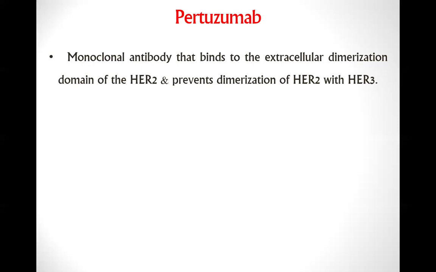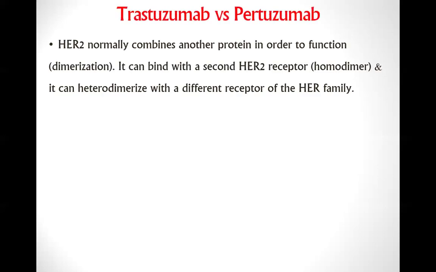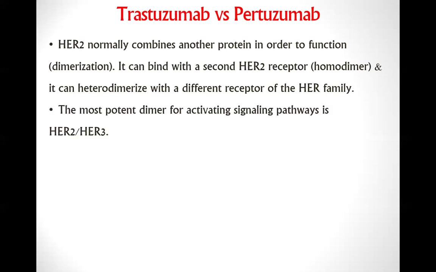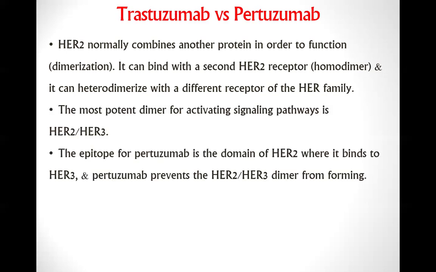So what happens in case of pertuzumab? The epitope for pertuzumab is the domain of HER2 where it binds to HER3, and pertuzumab prevents the HER3 dimer from forming. Up to this level, are you clear? Okay.